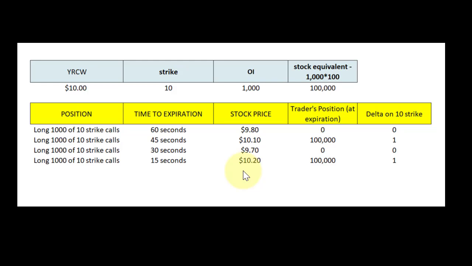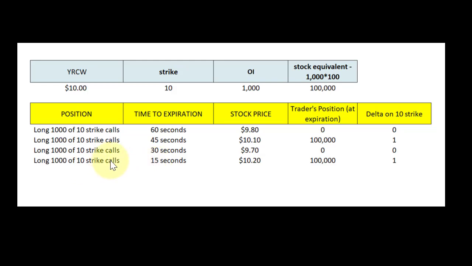We can trade these things until 4:15 Eastern time on Friday, right? But options actually expire 10 a.m. Eastern the next morning. So if it expires at 10 and you're long 1,000 of the 10 strike calls, you don't really know if you're going to get the stock or not get the stock because it expired directly on the strike.